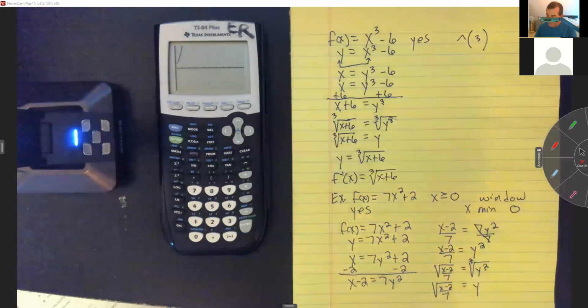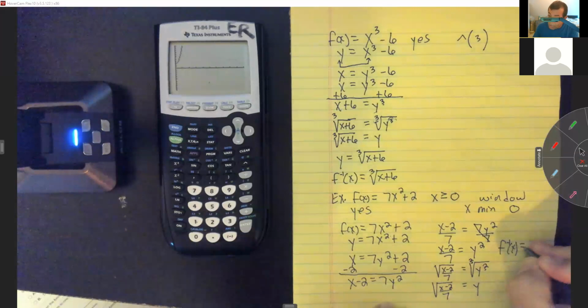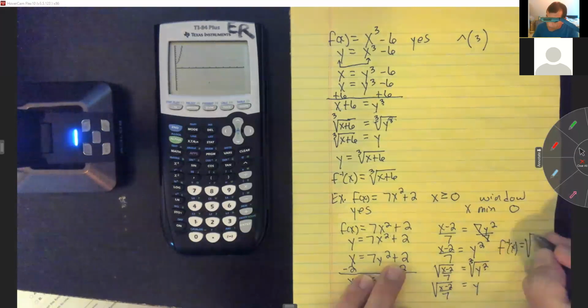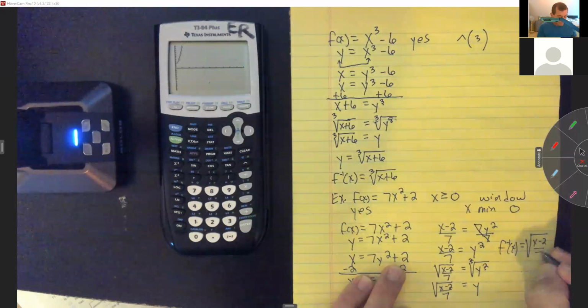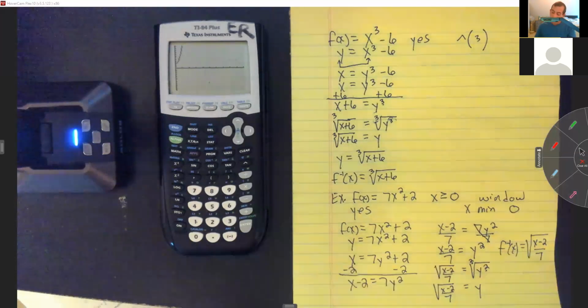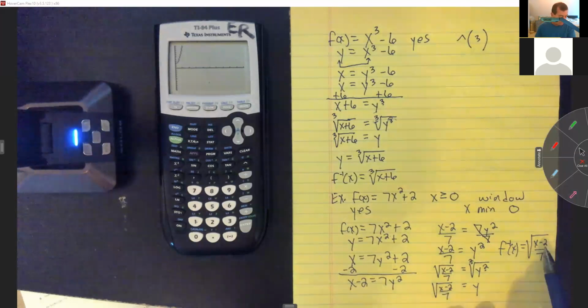So my final step would be what? F inverse of x equals the square root of x minus 2 all over 7. Now think on this one, they give you most of the answer and you just had to fill in part of it.